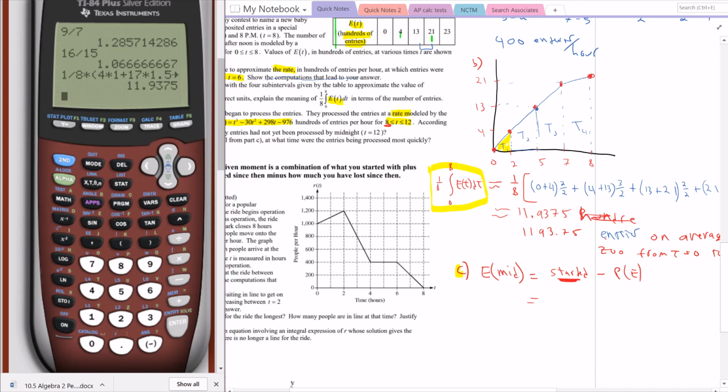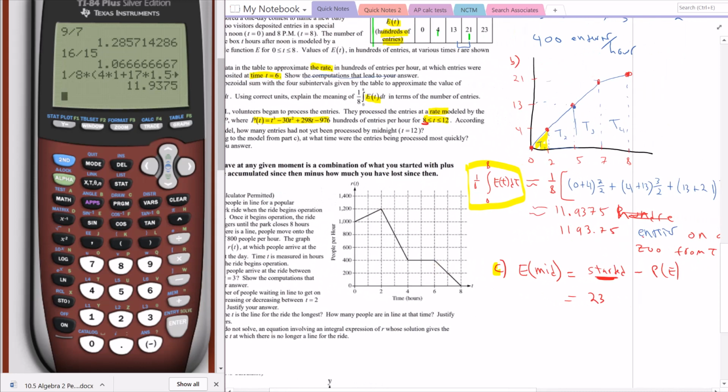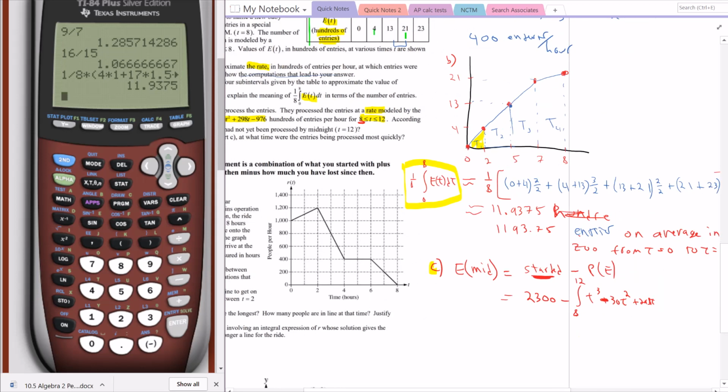How many total entries do we get throughout the day? Well, we got 2,300 entries, right? And then we're going to subtract. If P of t is the rate, then if we integrate P of t from 8 to 12, it will tell us the total amount of entries processed from 8 to midnight, right?